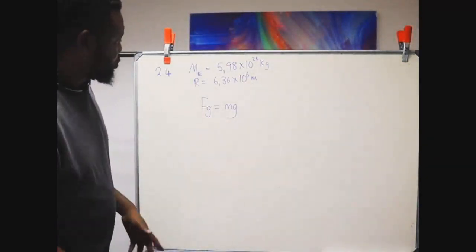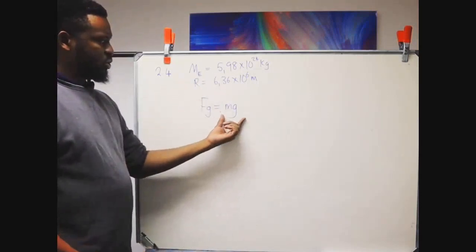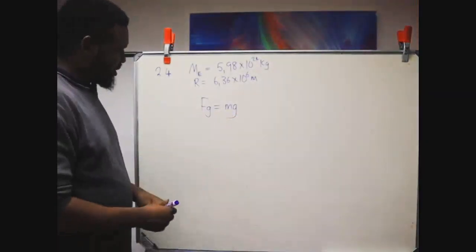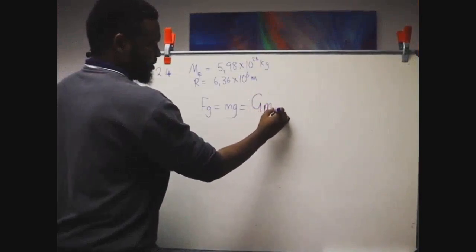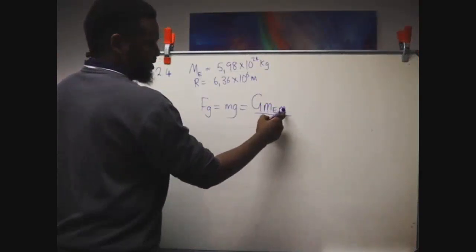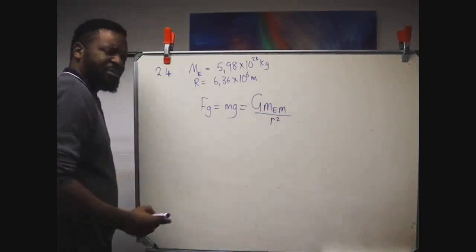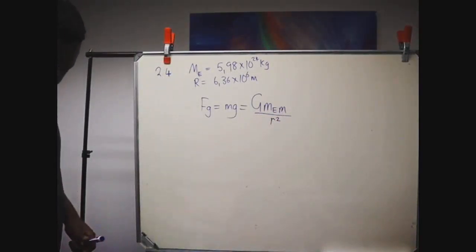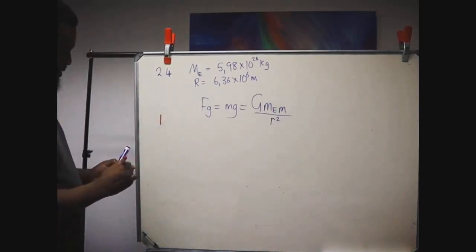Okay? So there are two ways of calculating the weight. One is to go straight for the mg. If I know the mass and the g, I can calculate it. Or I can say, if I know the gravitational force between the Earth and an object placed on the surface of the Earth, it will be the same as the weight. So, so far I can see two ways of doing this.